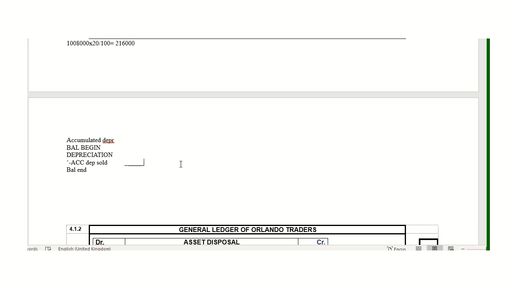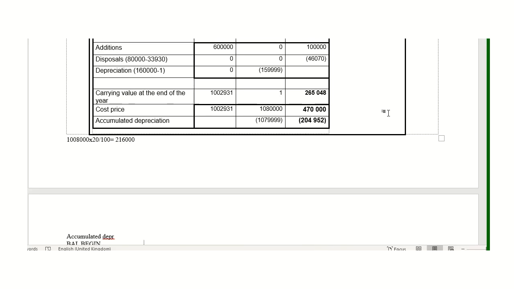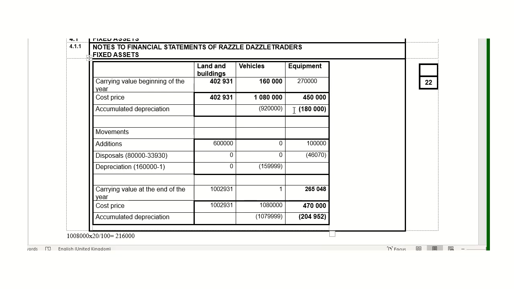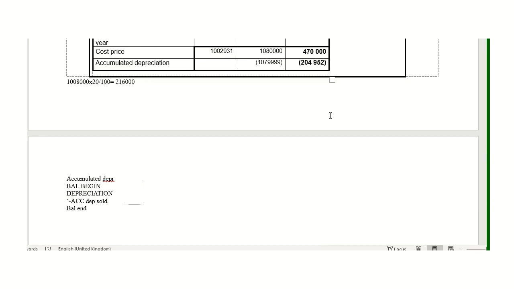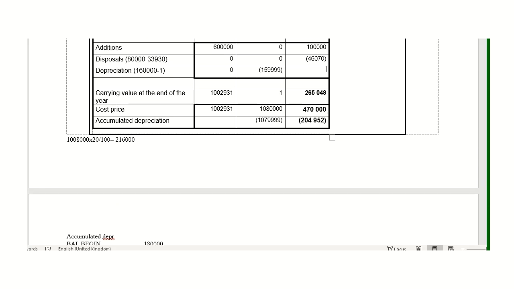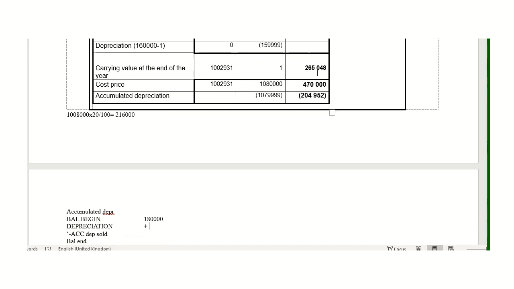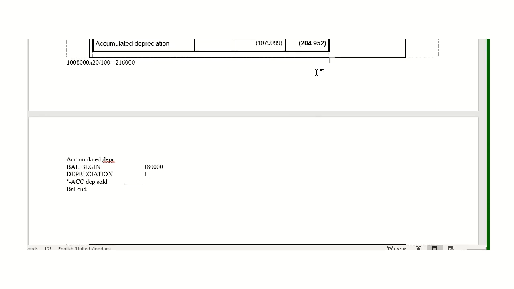Good, so we said we start by putting in the balance at the beginning. The balance at the beginning for accumulated depreciation, 180,000. To that, we're going to add whatever the depreciation for the year is. Now, that is what we don't know. We must figure that out. So it is still a question mark.